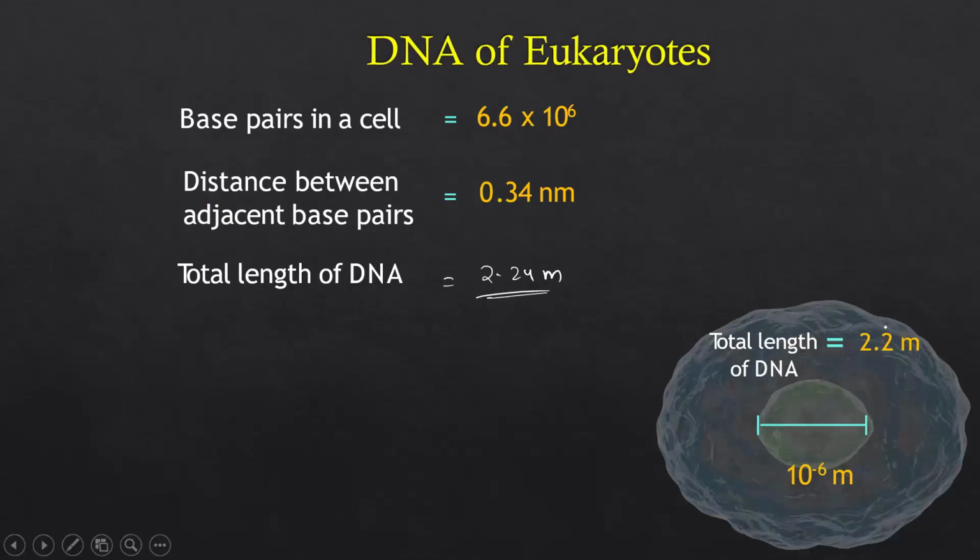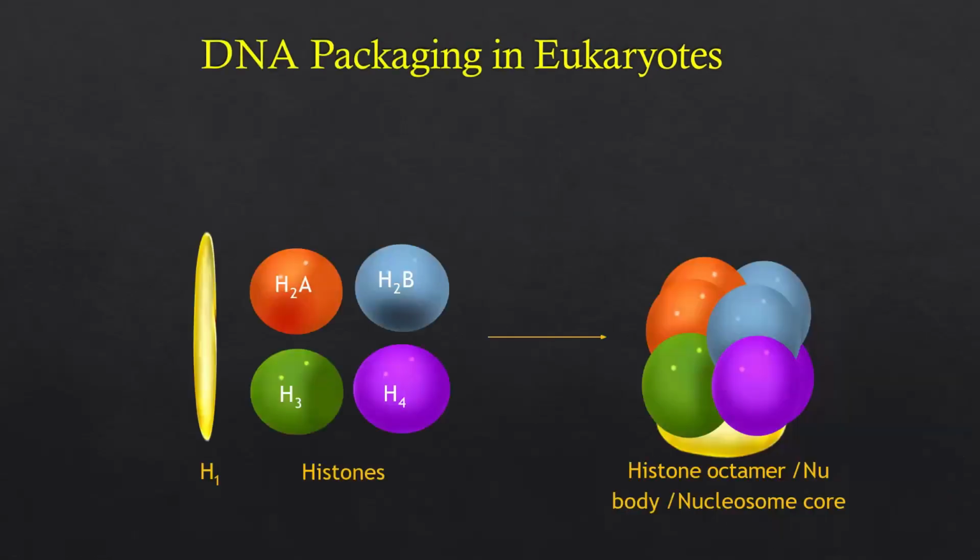And if you see the size of the nucleus, it is 0.000001. In this small size, 2.24 meters of DNA is fitted. So how could this be possible? It is possible because of a very complex packaging, which involves a special type of proteins called histones.